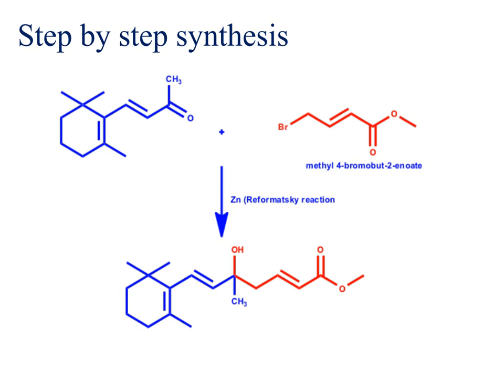Let's start with beta-ionone. Beta-ionone reacts with gamma-bromo crotonate. It is also called methyl 4-bromobut-2-enoate, in which the bromo is present at the gamma position.